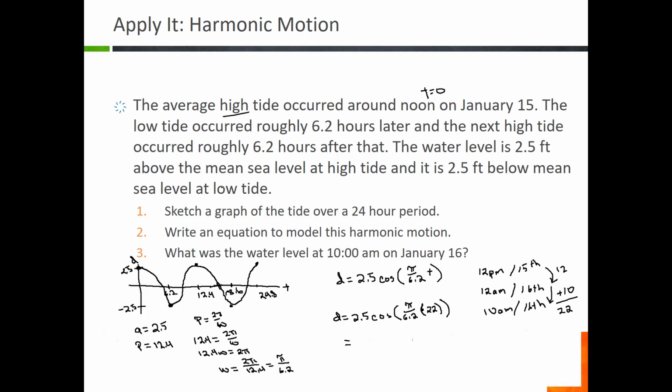Which if we do that, we will get 0.38. We'll just round it to 2 decimals. We'll get 0.38, and all of our units are in feet.